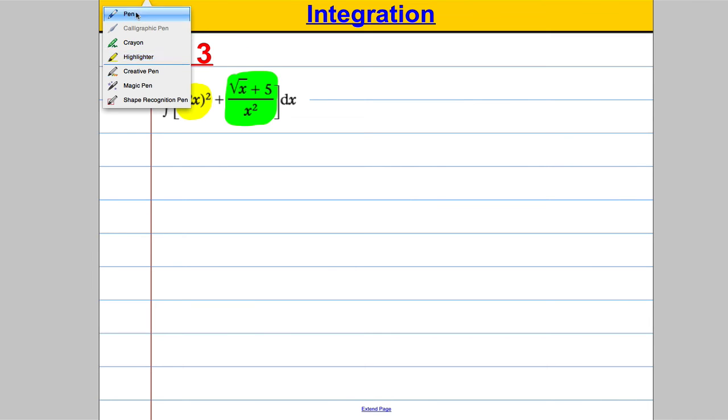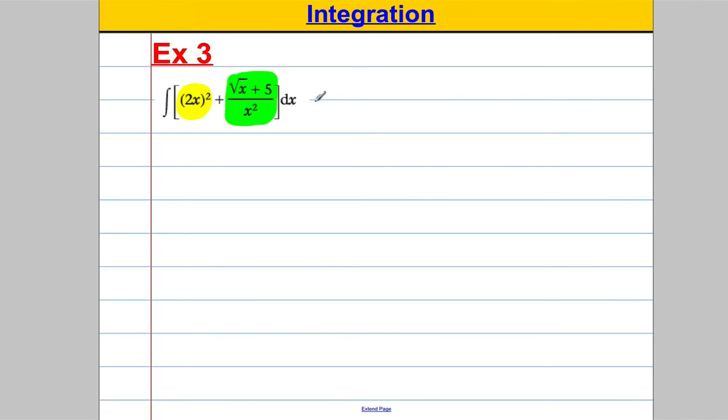Okay, so first things first, we can't integrate yet. We're going to write it as equal to the integral and try and work each thing out. Now 2x squared, that means 2x times 2x, which is 4x squared. So if we expand it out, we get 4x squared. And I'm just not going to do the integral yet.